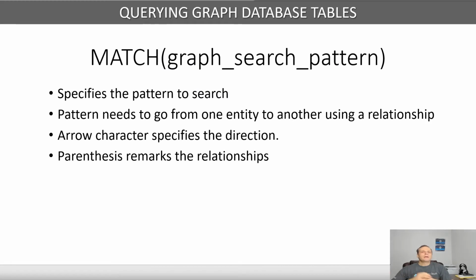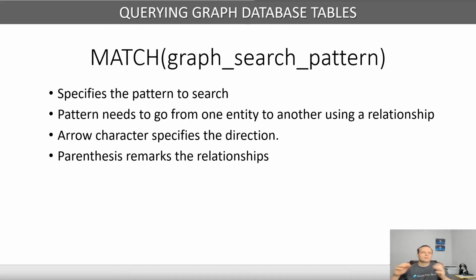To find data in graph database tables, you need to use the MATCH clause. MATCH is going to be in the WHERE clause, and it takes the graph search pattern. So what is this graph search pattern? It really specifies the pattern to search. The pattern needs to go from one entity to another entity by using at least one relation. We are going to use the arrow.